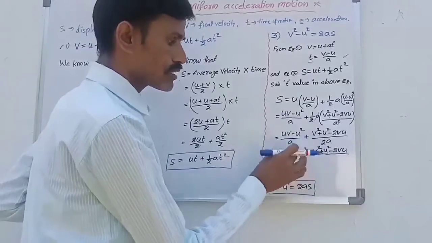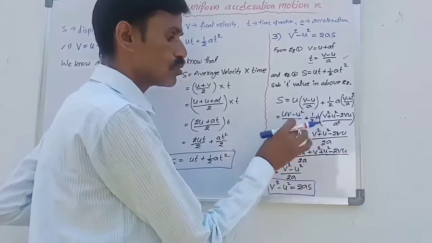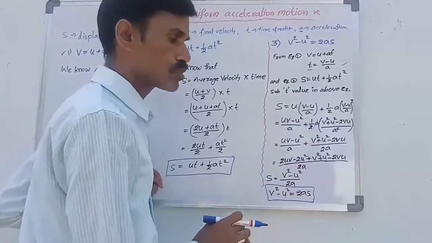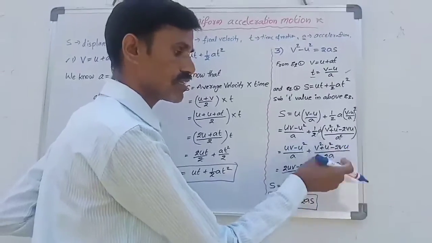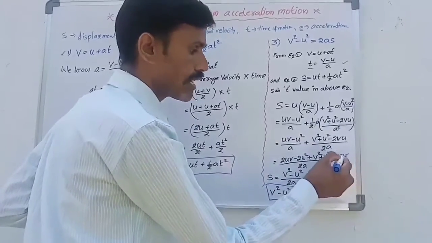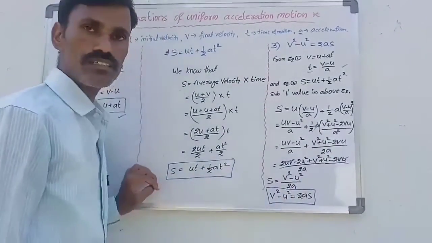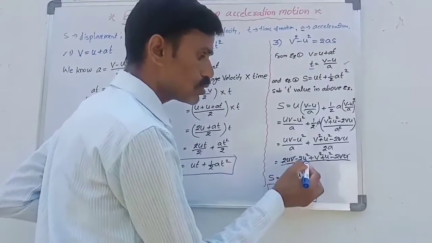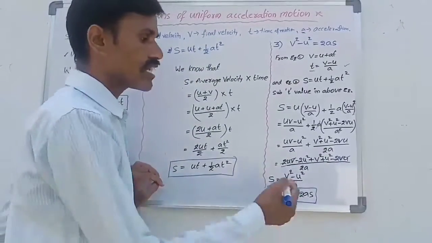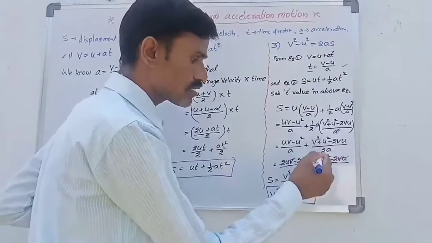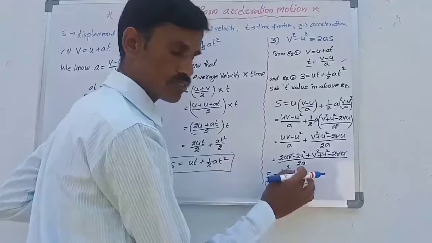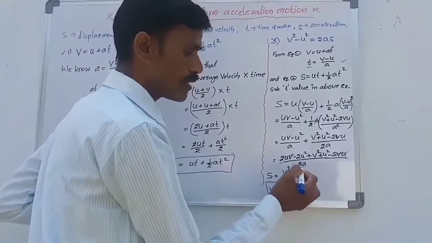In the first term a is present but not 2, so we multiply with 2. That gives 2uv - 2u², plus, in the second term 2a is already present, so nothing to multiply, v² + u² - 2uv. Here -2uv plus 2uv cancel, and -2u² plus u² gives -u². So the remaining terms are v² - u², over 2a.